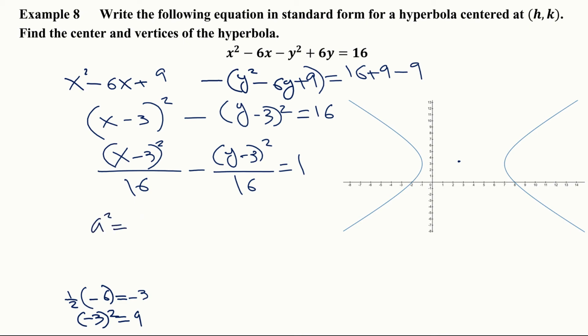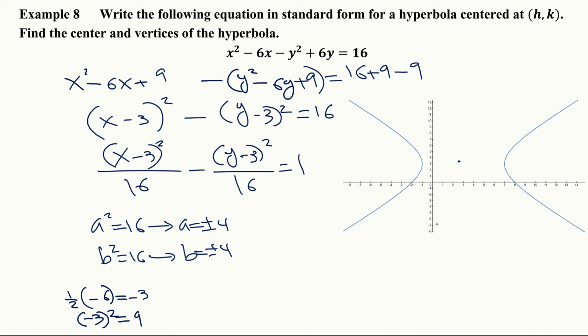A squared is left, right, so the A squared is going to be under the x part. So we get A squared equals 16, so A is plus or minus 4. B squared is also 16, so B is also plus or minus 4. So this is when I told you that your rectangle may actually be a square. This is one of those cases.